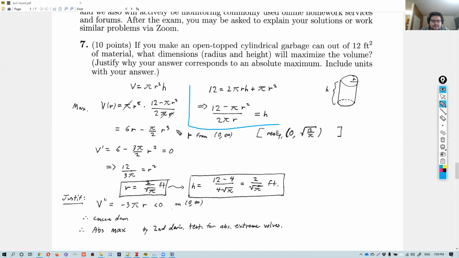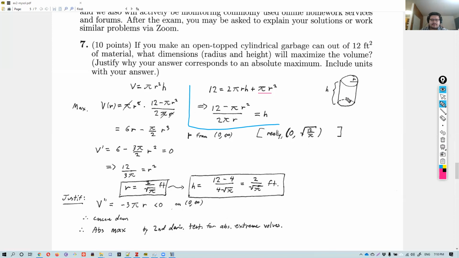And here I'm saying something about what the possible values for r can actually be. So 0 to infinity. Well, technically speaking, r can't go larger than the root of 12 over pi. And the reason is because if it is root of 12 over pi, you end up using all your material on the pi r squared part, on the base of the garbage can.